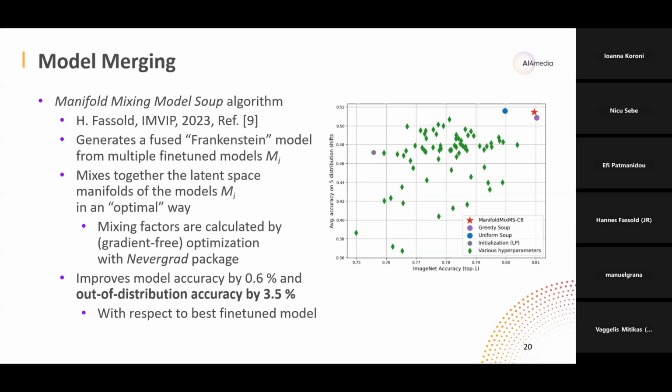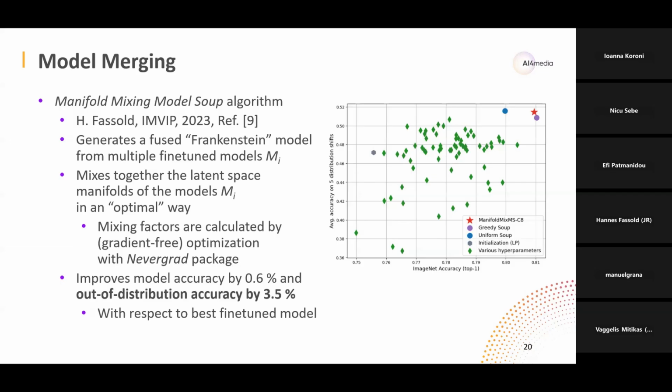And the nice thing is that this optimization is done on the original data set, and it improves the model accuracy on a typical image classification task.